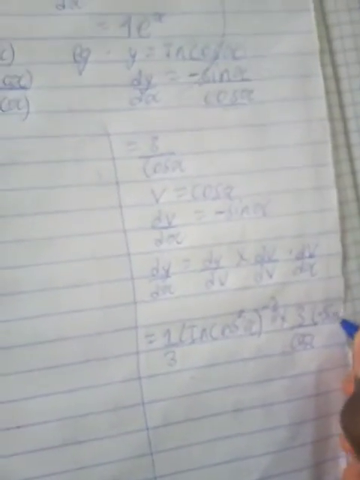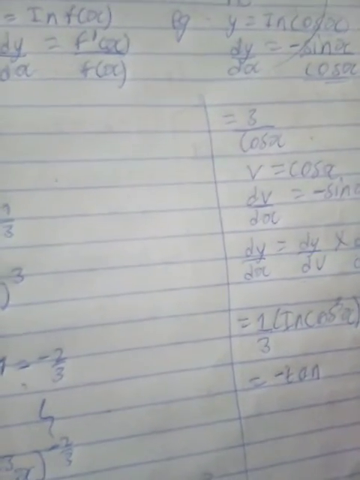So we'll have 1/3 of ln cos x to the negative 2/3, times 1 over cos x, times negative sine x. Now you see like that, because of this, sine over cos will give tan x, with a minus.